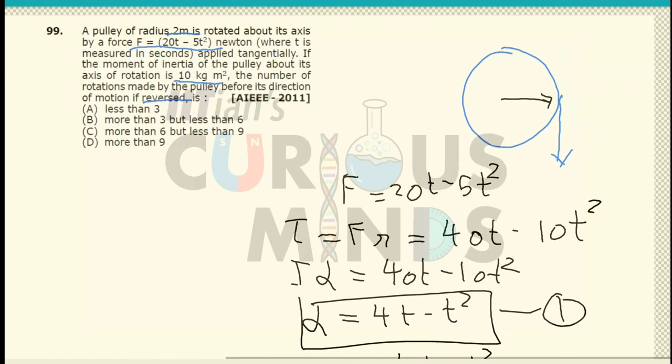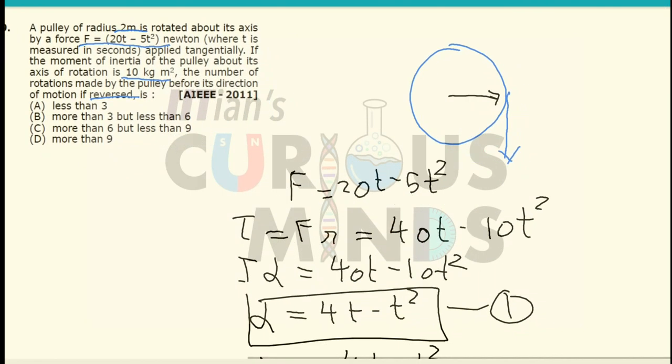Now if I read the question again, the pulley of this much radius has force applied tangentially, and we are given the moment of inertia and asked the number of rotations. We have to find out the initial velocity.